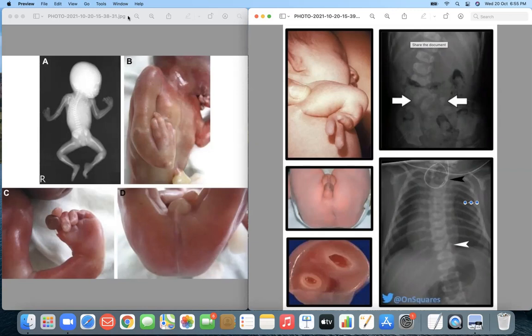Maybe some hemangioma, but I don't know this one.